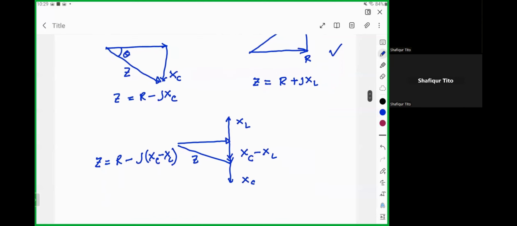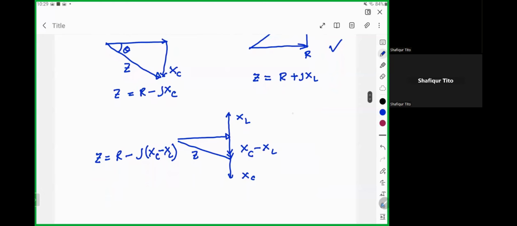And then your impedance, you can have two types. This is the first case where your XC is greater than XL. So if your XC is greater than XL, then your vector XC will be larger and XL will be smaller. So your resultant will be XC minus XL, in the direction of XC.